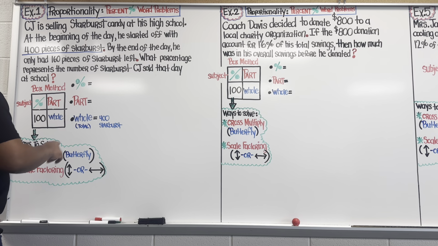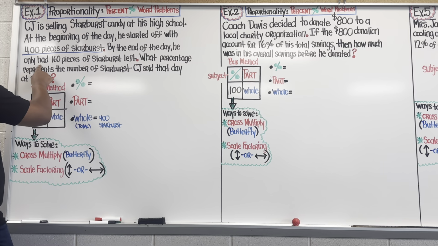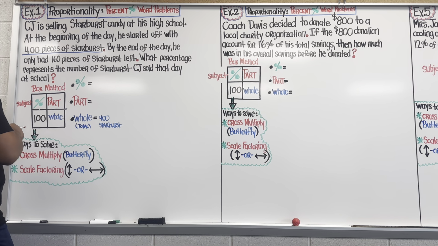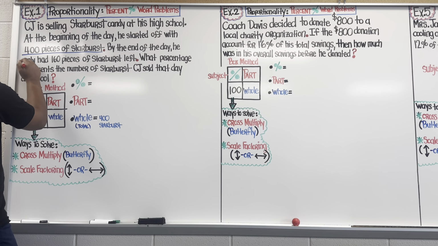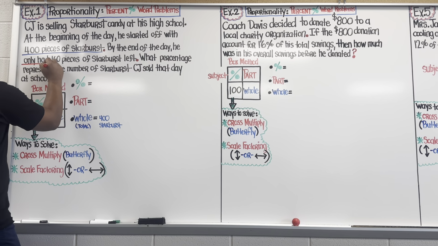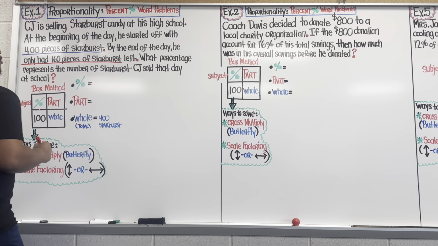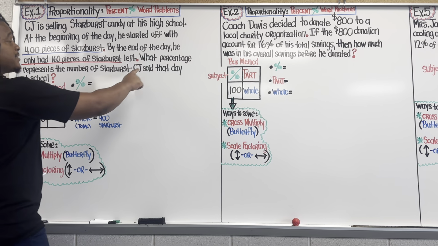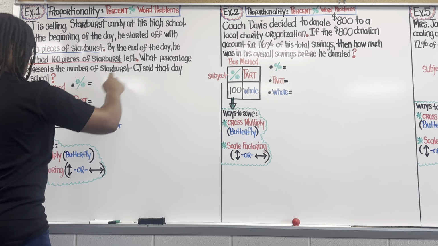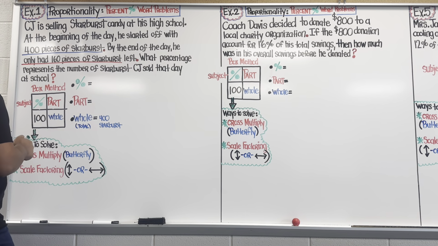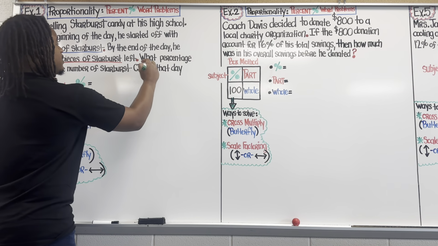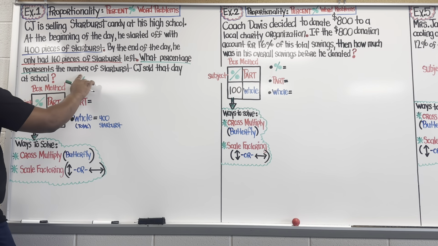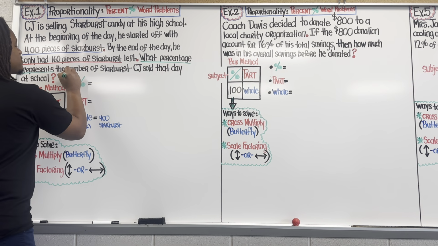Now, it says by the end of the day, he had only, I'm going to underline this, 160 pieces left, okay? So that's how many pieces that he had left that he did not sell, right? But the question is asking what percent, right? What percent represents, and I want to underline that. So what percent represents the number of Starburst CJ sold?